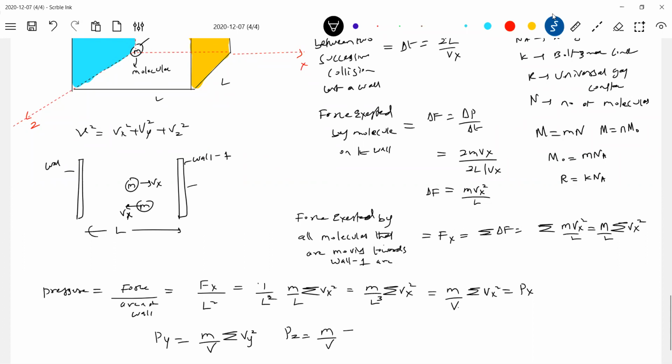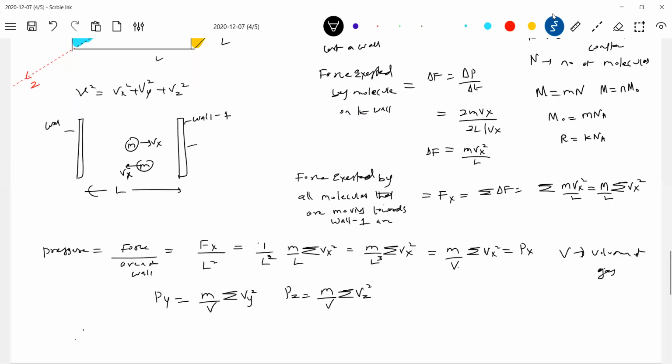Due to Z component of velocity, Vz square. So what is V? Strictly volume, not speed or something. Volume of container or volume of gas, whatever that be. So total pressure, therefore, the pressure equals Px plus Py plus Pz.